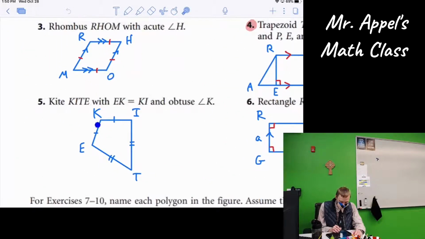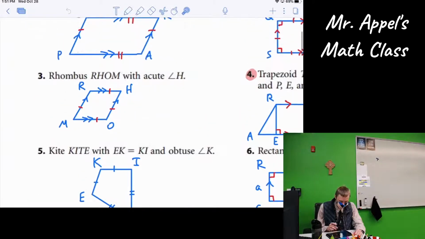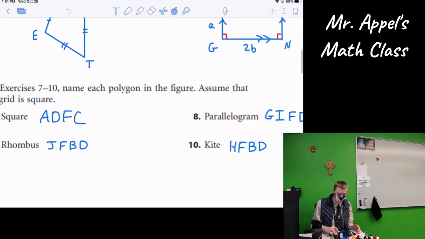Kite is defined as two pairs of adjacent congruent sides. These two sides are congruent. These two sides adjacent and congruent. Look at the rhombus. Two sides adjacent and congruent. Two sides adjacent and congruent. Just because all four of them are congruent doesn't prevent you from treating them like two pairs, okay? So it's more specific, but it does fit our definition of a kite. So every rhombus is also a kite. Kind of handy. Okay, any questions from that page?